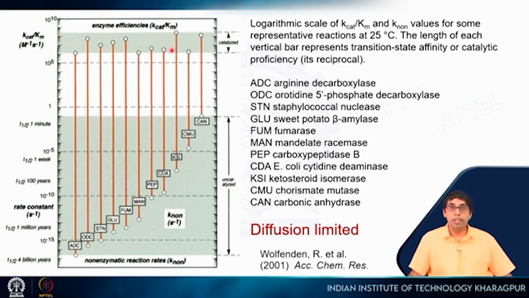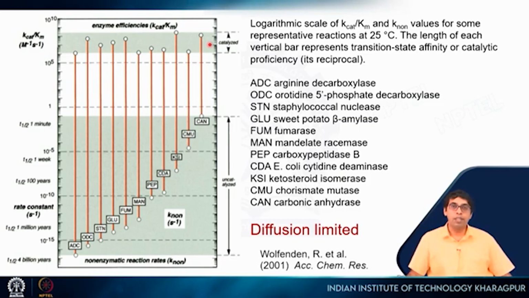This number is important because this is reminiscent of the rate of diffusion of molecules in water at room temperature. It means that all these enzymes speed up this reaction so much that the rate of catalysis is limited by diffusion: how fast the enzyme and substrate diffuse towards each other and bind to each other.